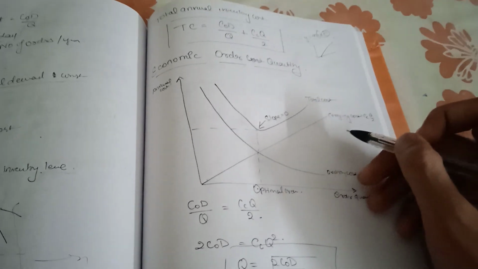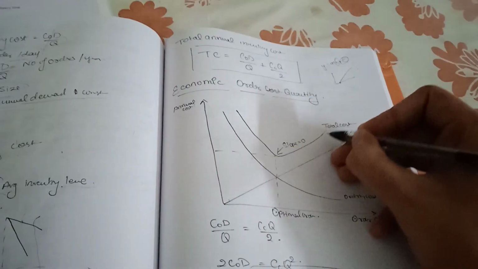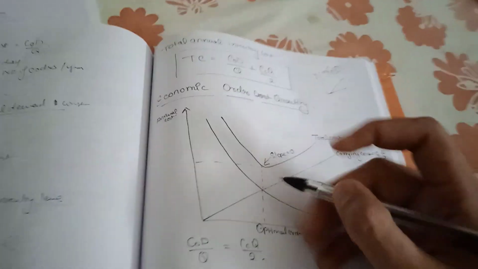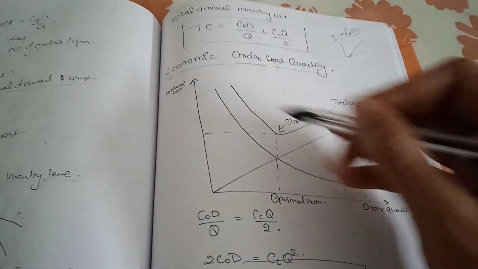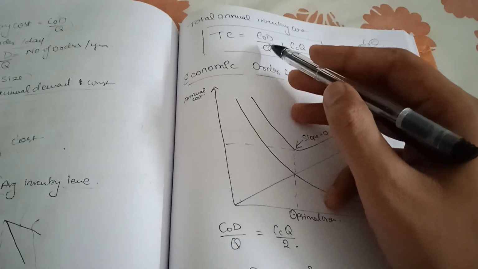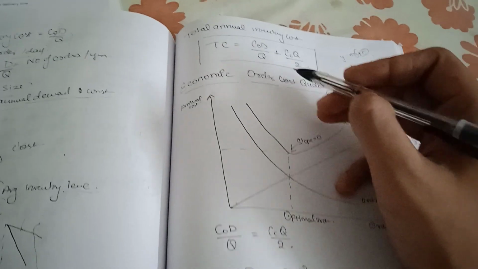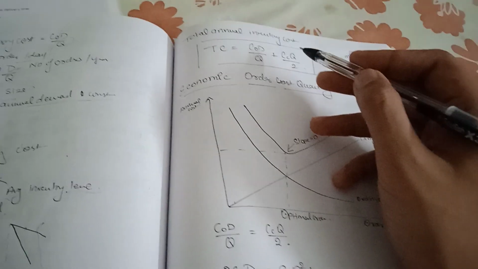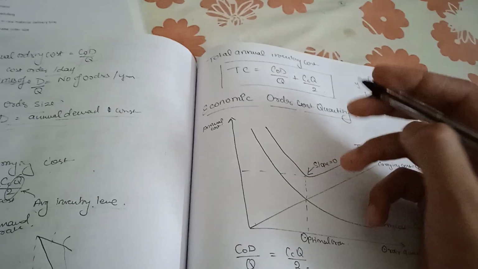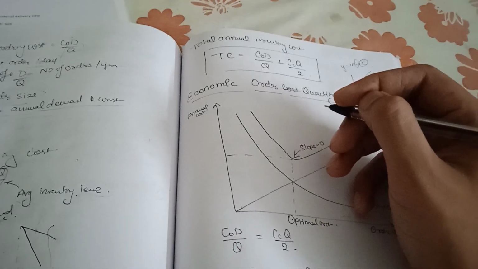Now when we combine all these graphs on the computer, we get this kind of parabolic graph. It states that when we increase the order quantity of our inventory, say when we order more scooties, if we order 1,000 scooties, the transportation cost per scooty would be 5 rupees.